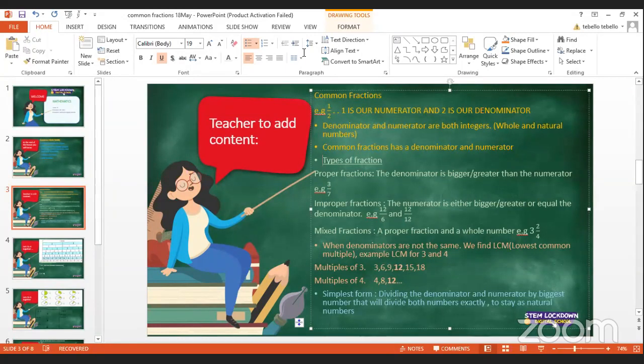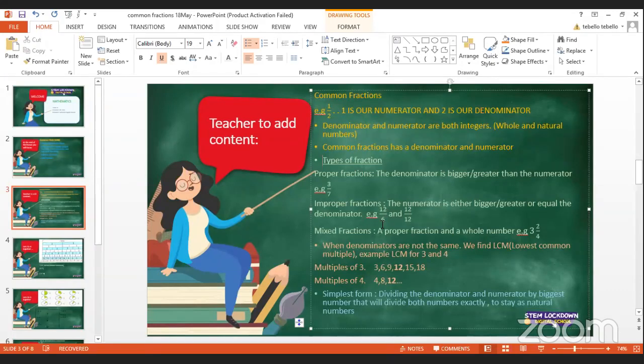Now let's go to our improper fractions. What are improper fractions? In improper fractions, the numerator is either bigger or the same, equal to our denominator. So here's an example. As our numerator we have 12, and it's bigger.